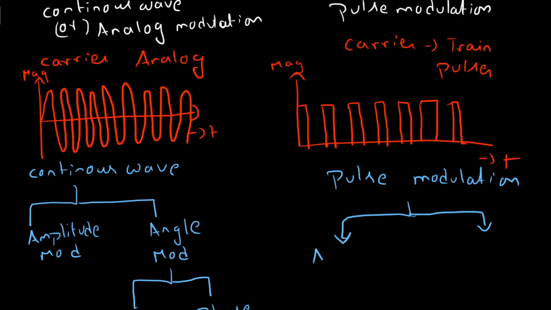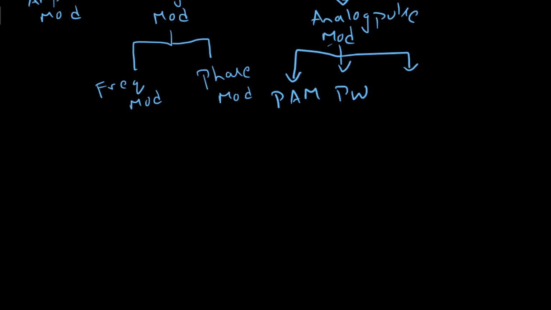Coming to analog pulse modulation, here we have three classifications: pulse amplitude modulation, pulse width modulation, and pulse phase modulation.